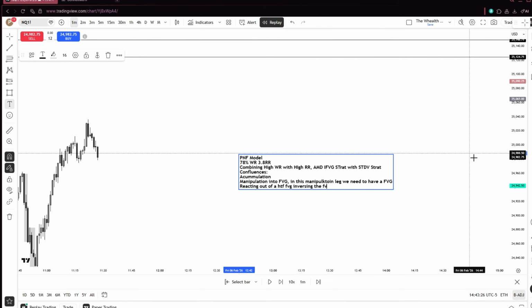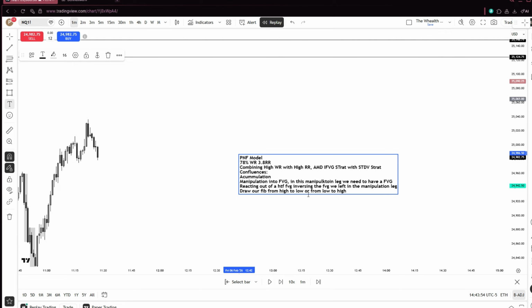So: manipulation leg into a higher time frame fair value gap, leaving a fair value gap in this leg. After reacting out of the higher time frame fair value gap, we inverse the fair value gap we left in the manipulation leg. I know it's a bit much fair value gap, but you gotta understand. And after that we inverse this fair value gap, and we draw a fib.